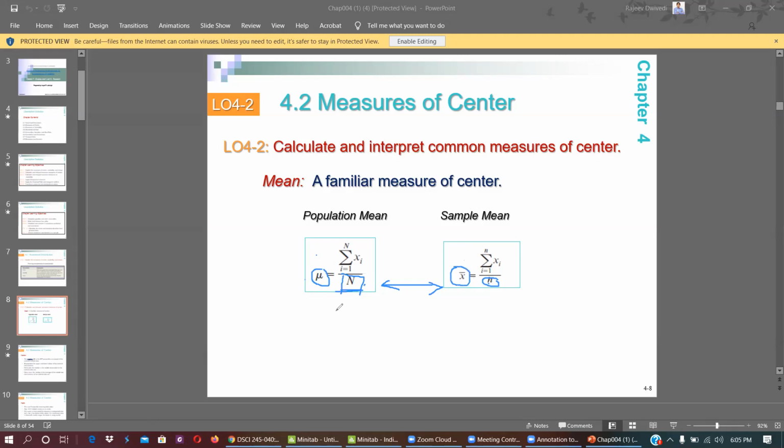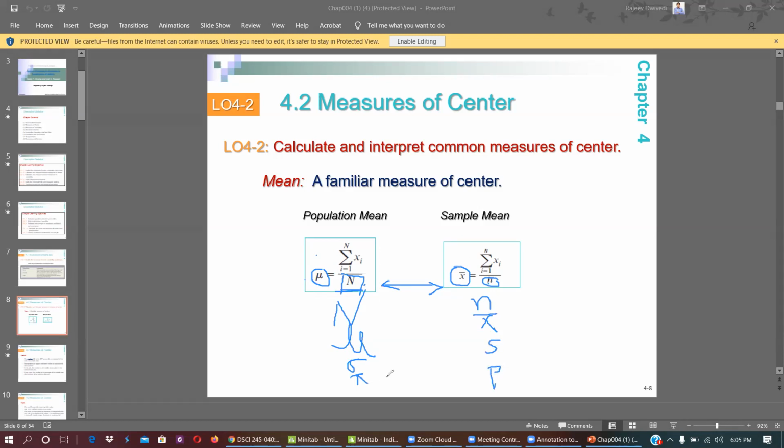So four notations I'm again telling you: N, mu, sigma, and pi. These are the four important notations we use for population. For sample: small n, x bar, small s, and p.